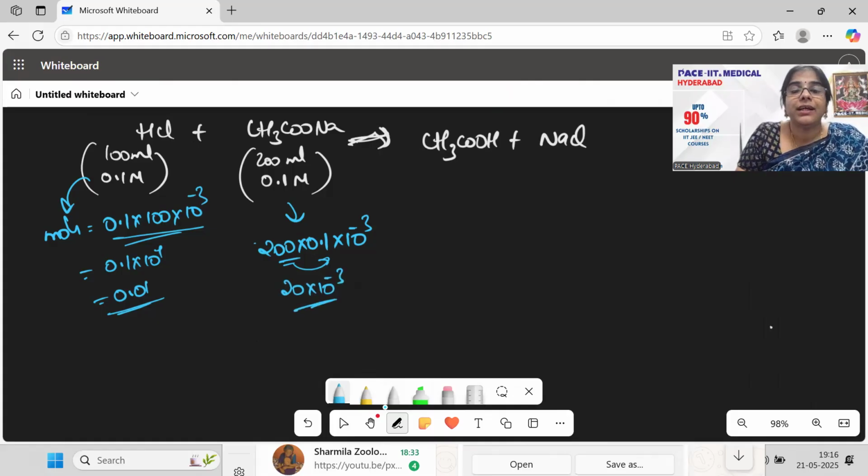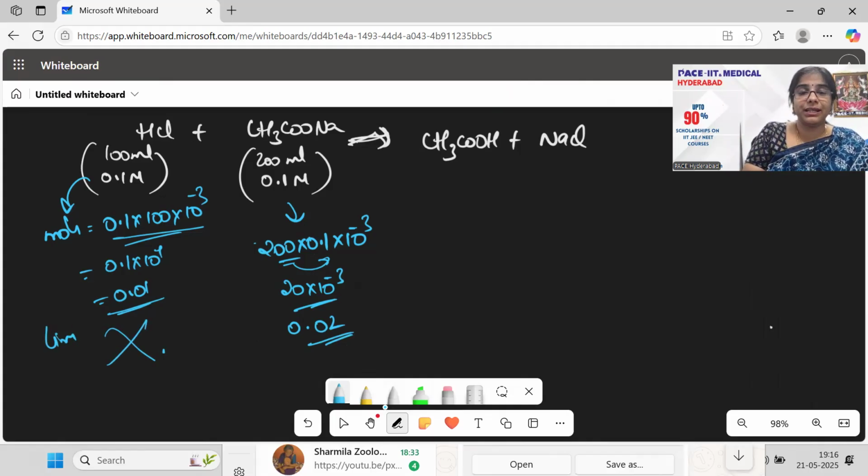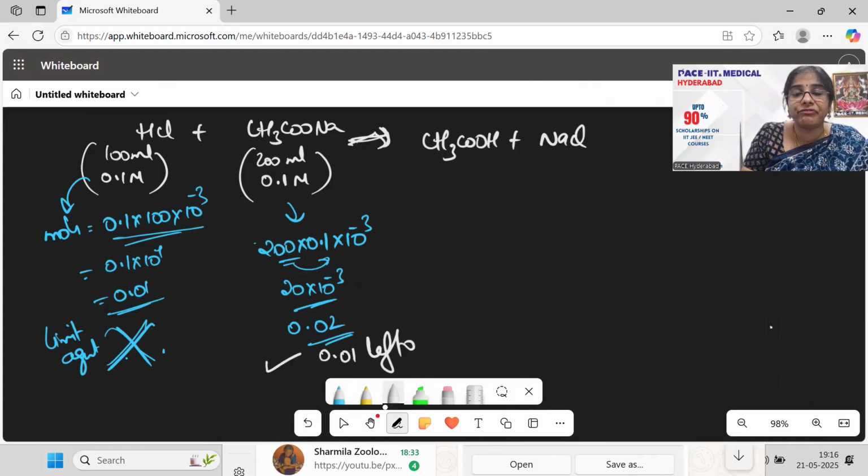So obviously, I can see 0.02 here. 0.01 is my limiting agent. ये खत्म हो जाएगा. Whichever is the least value, ये है my limiting agent और ये खत्म हो जाएगा. बचेगा मेरा CH3COO left out. How much left out? 0.01 left out.